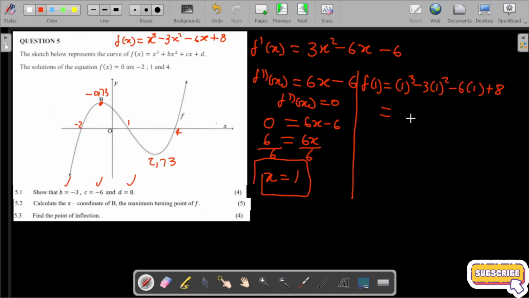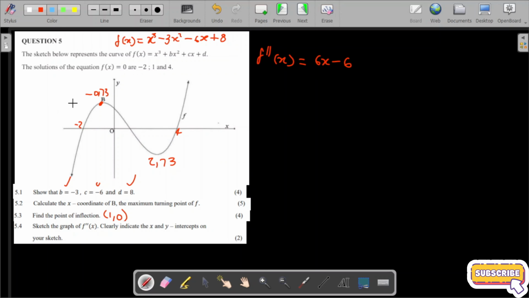Our answer in this case is 0. So my point of inflection is (1; 0). That is the inflection point.